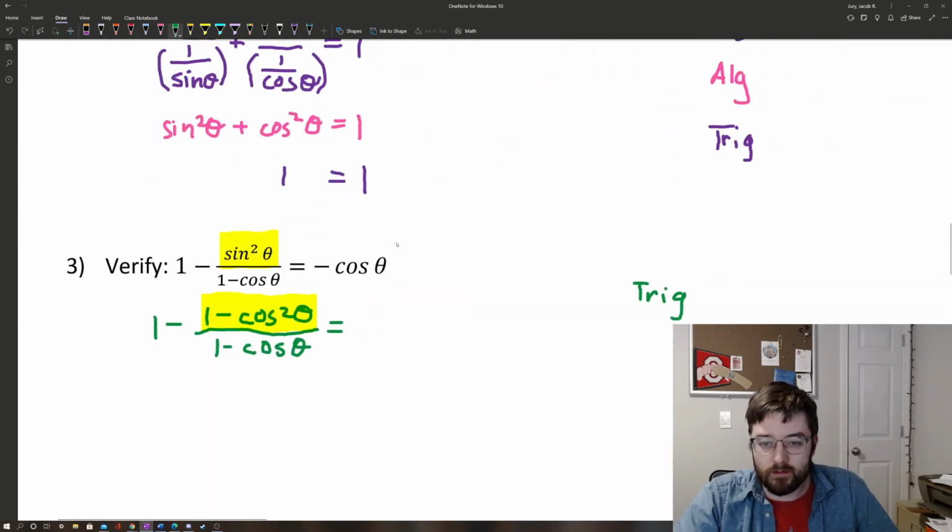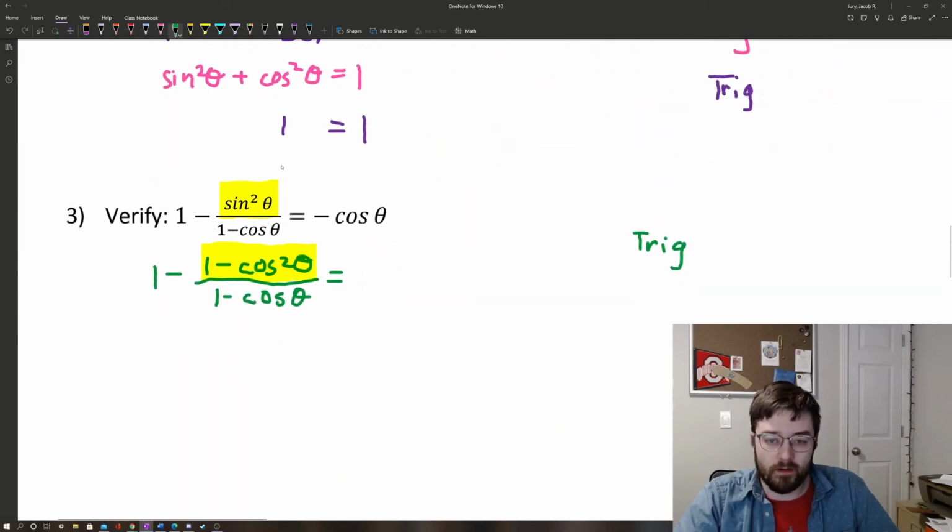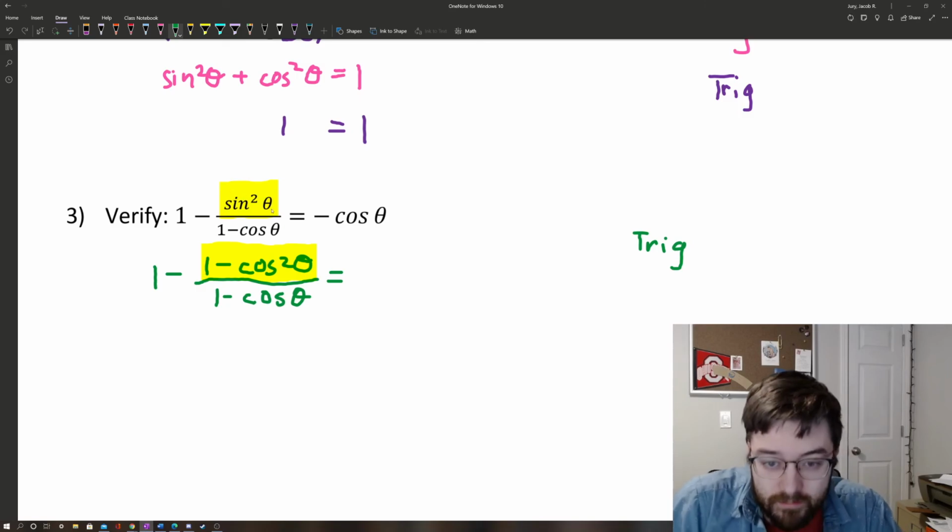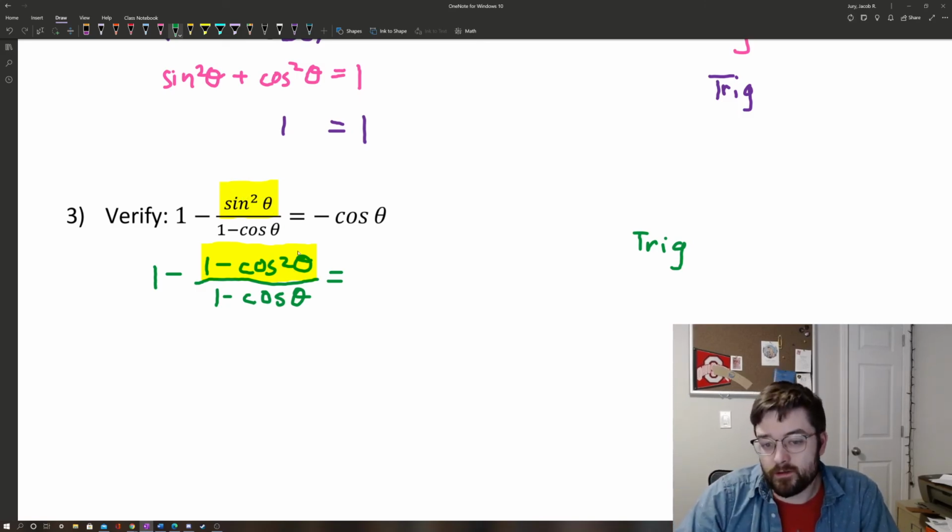So that's exactly what I did with this one. I've changed sine squared to 1 minus cosine squared theta. And that's going to help me a lot because I'm going to do something with algebra now that is going to have me factor.